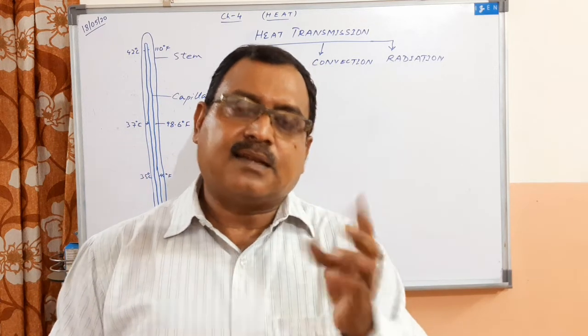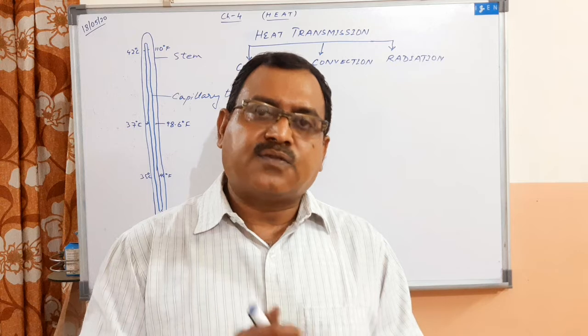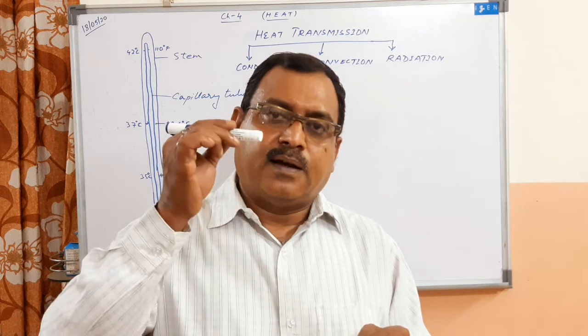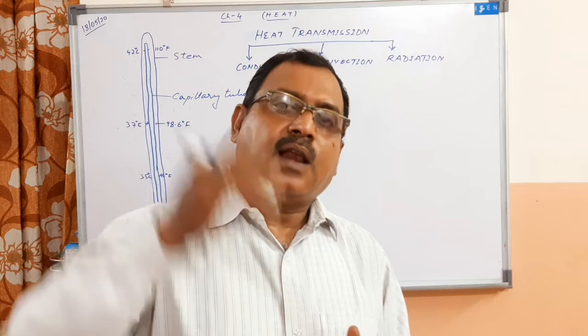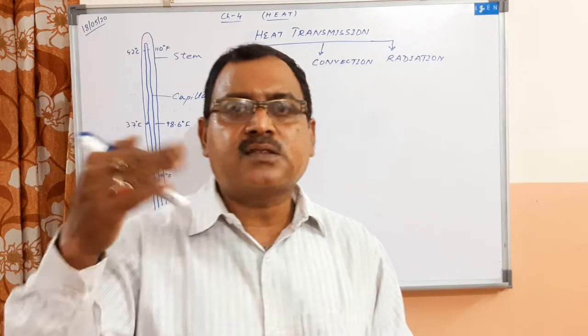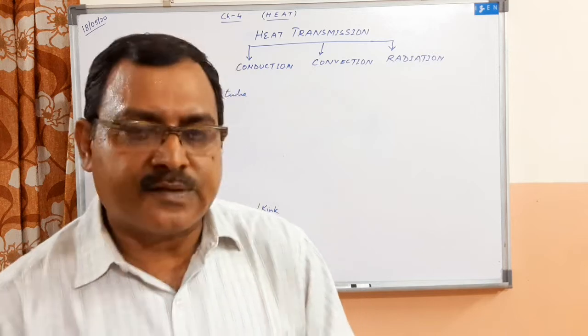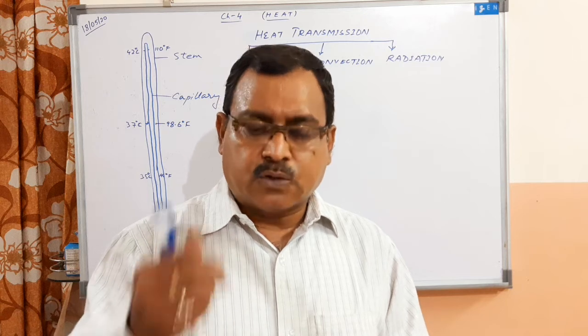Let me explain by one easy example. Supposing I want to transfer a book from my hand to the last student in your class, what are the various possible ways? First, I can pass on the book to the student sitting right in front of me.